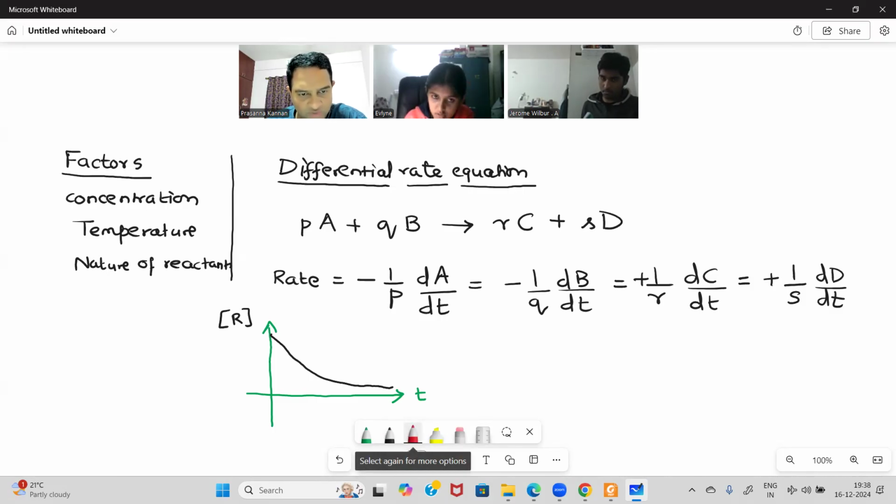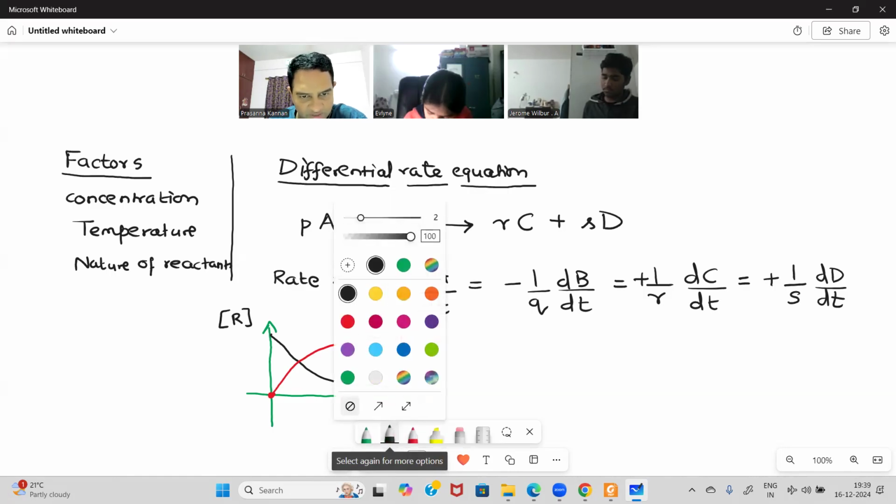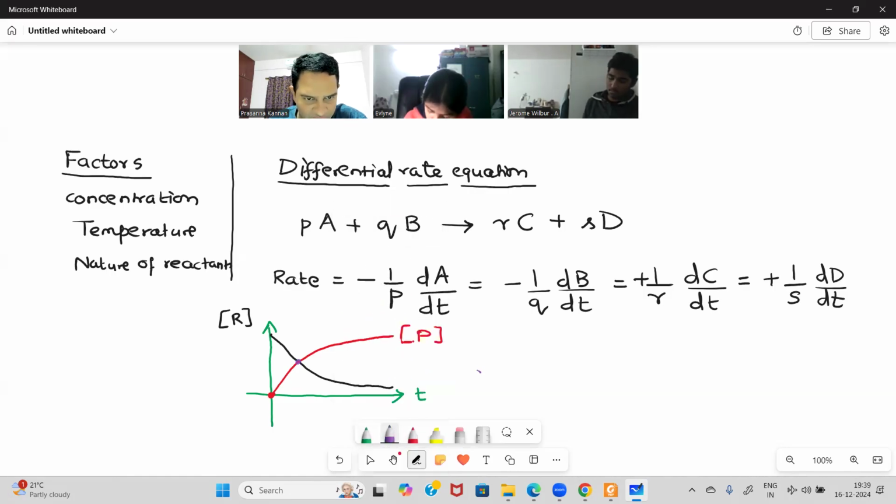Now, if I am talking about the concentration of the products, initially there is no product formed. As time progresses, more and more reactants convert to products, right? This is referring to product concentration, correct? And the point of intersection, where these two graphs meet, is a point of significance. Anybody can tell me what this point is referring to?